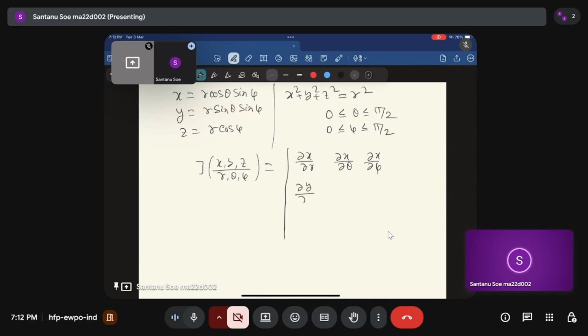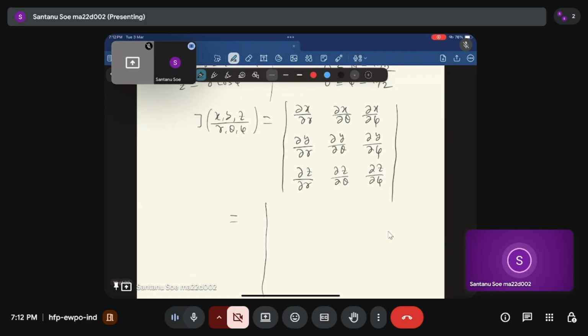Similarly, del y del r, del y del theta and del y del phi, and again del z del r, del z del theta and del z del phi, right?